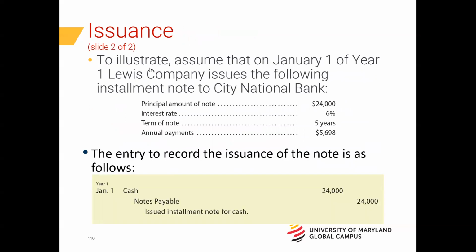We already learned about this, but here's another example of it. Principal amount, $24,000, interest rate, 6%, term of the note, 5 years, annual payments, $5,698. When you initially receive that loan, you debit cash, credit notes payable.